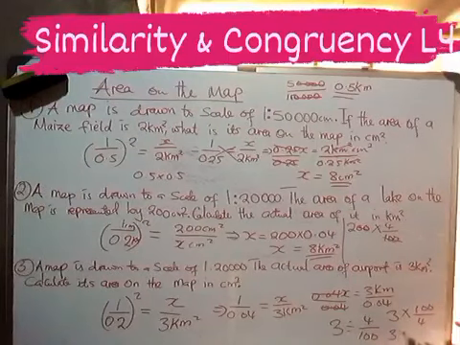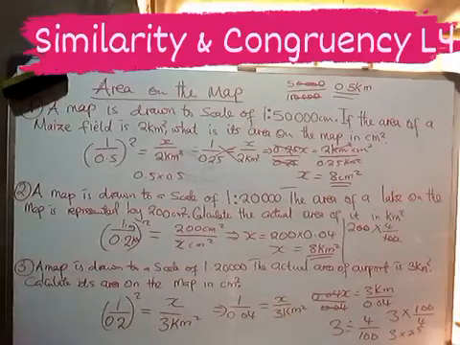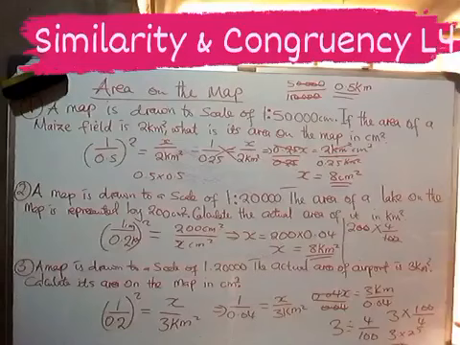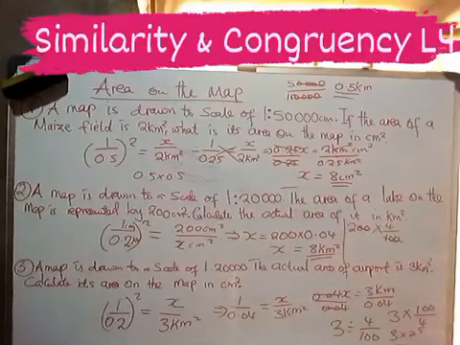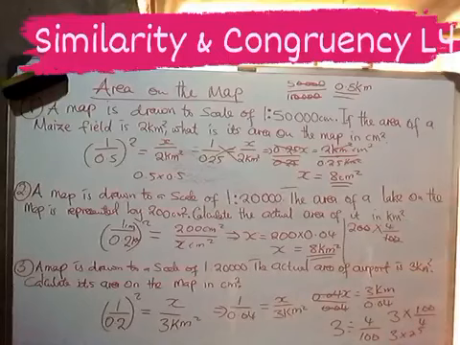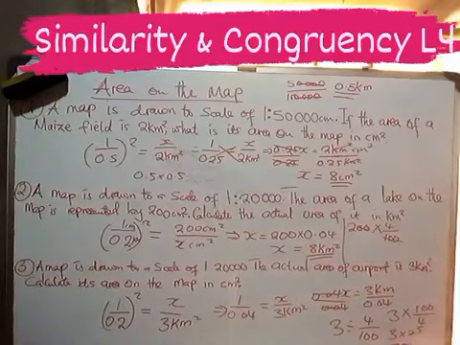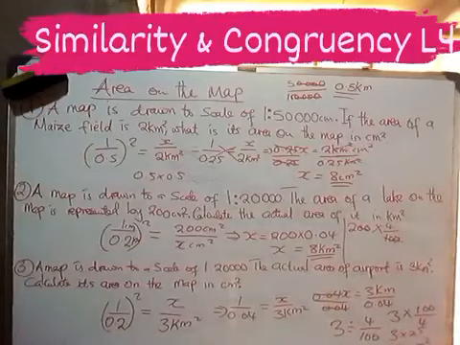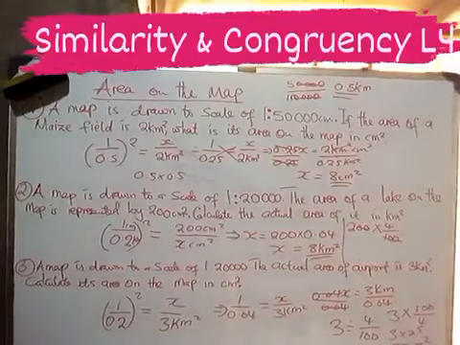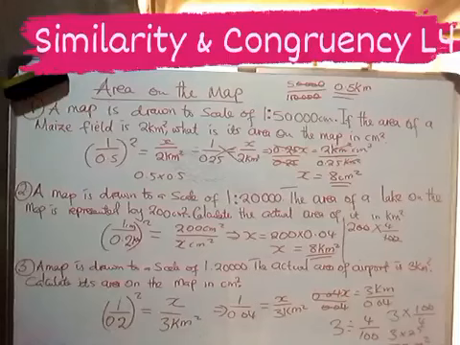Because 4 into 100 equals 25, our final answer is 75. What are the units? It will be 75 centimeter squared. And this marks the end of our question. Thank you so much.